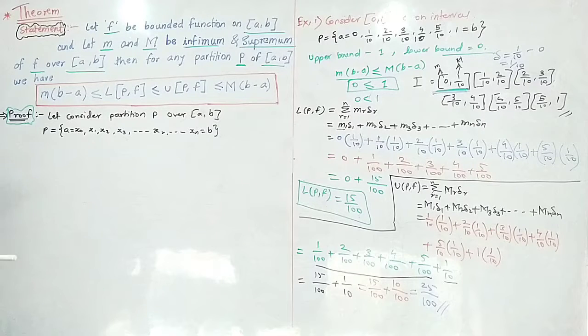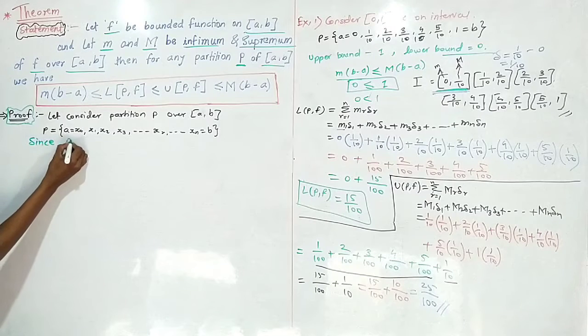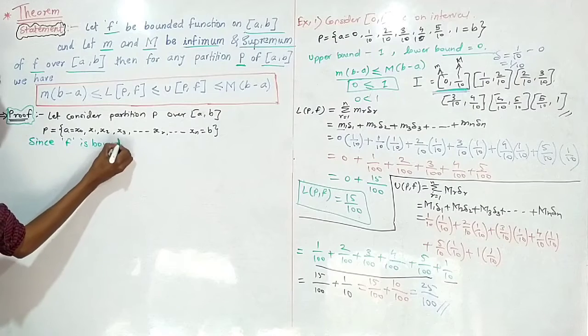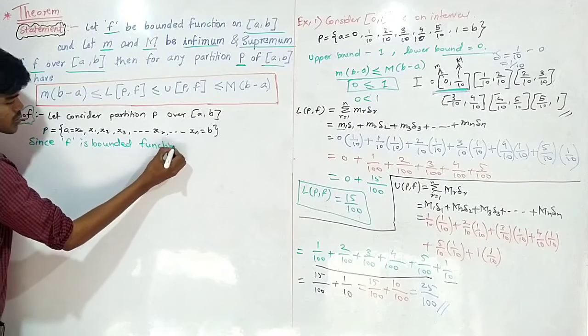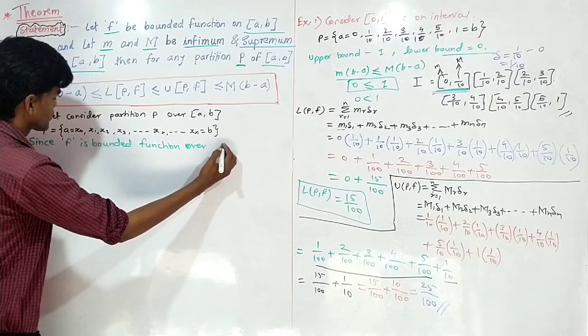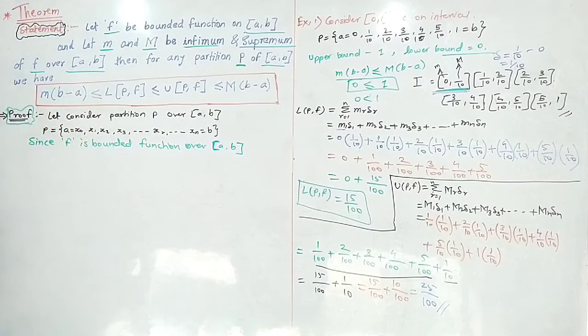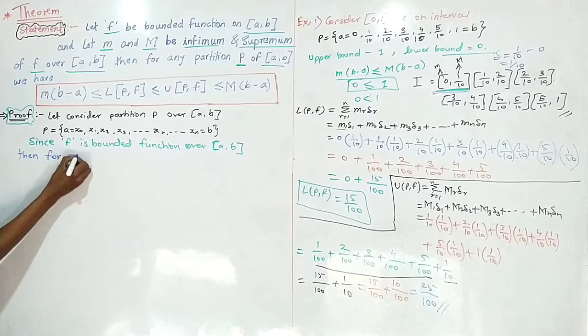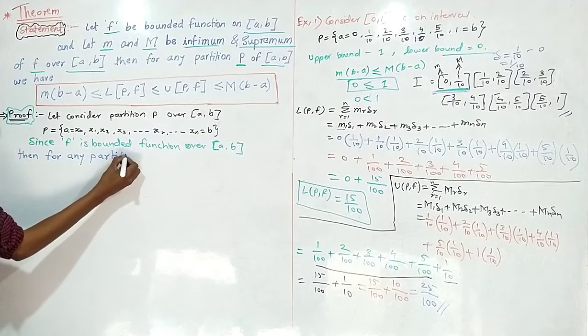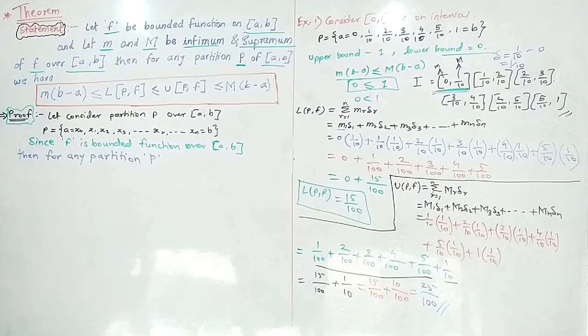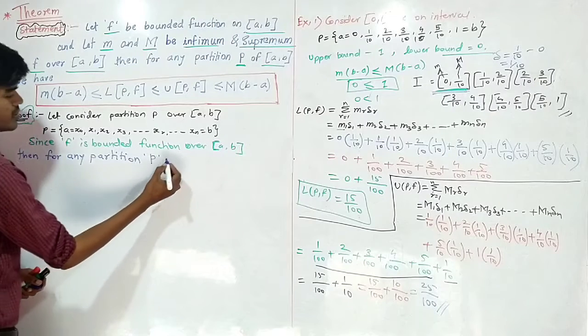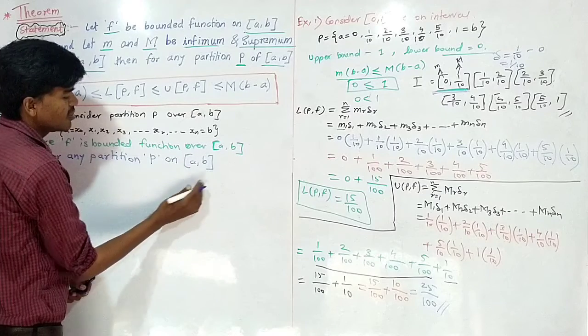So we know that since f is a bounded function over the closed interval [a, b], then for any partition P on [a, b], there will be sub intervals.